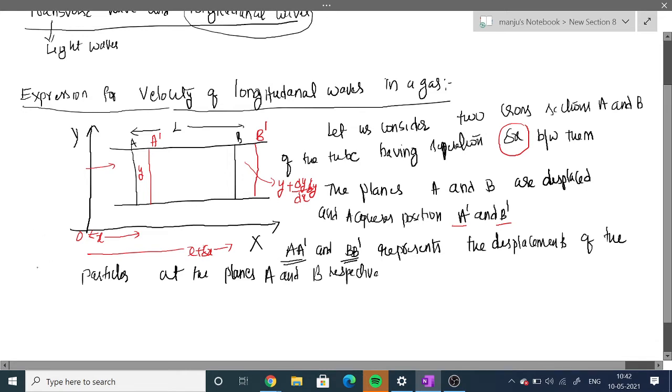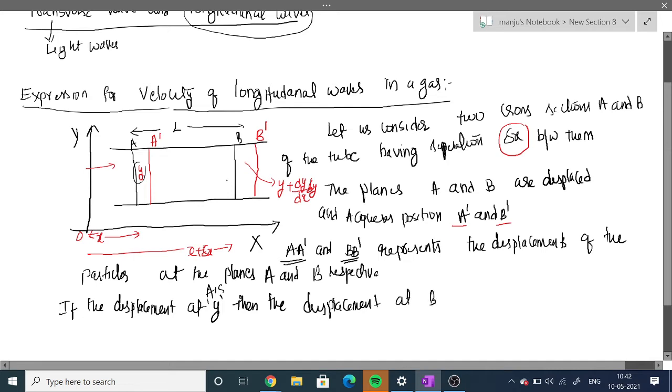So now I can write: if the displacement at A is y, then the displacement at B is y plus dy by dx into delta x.